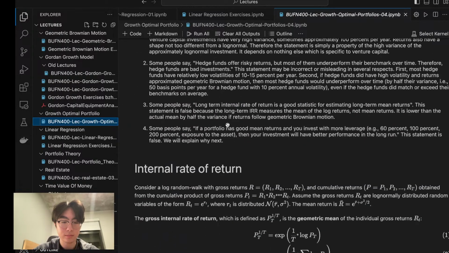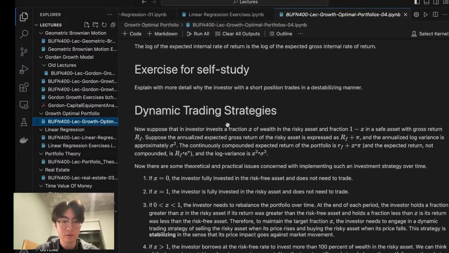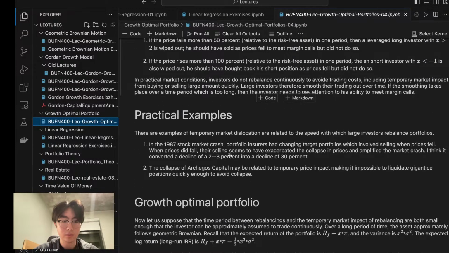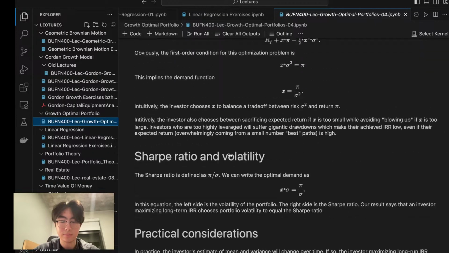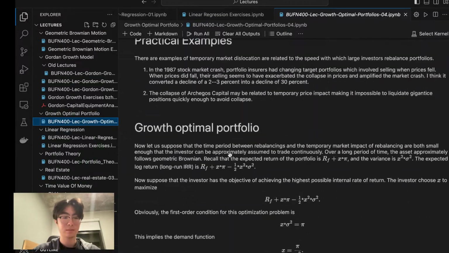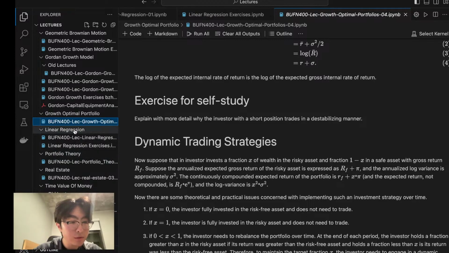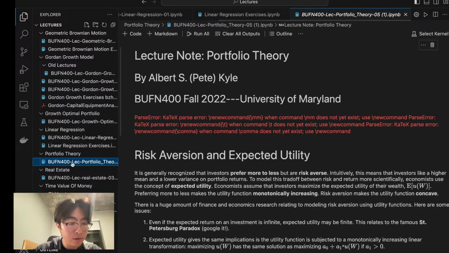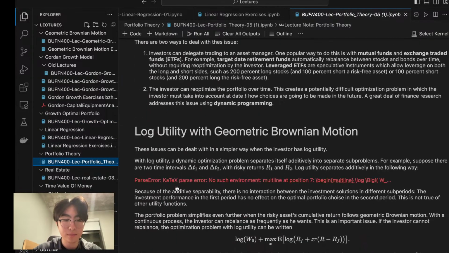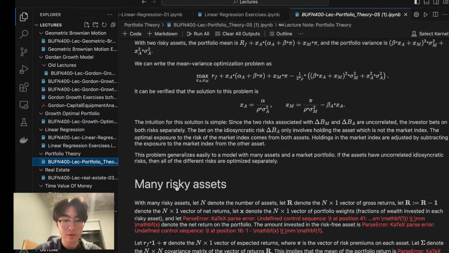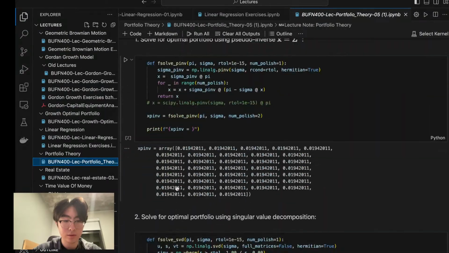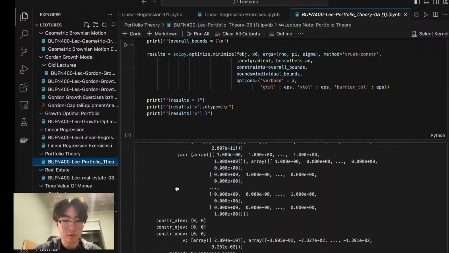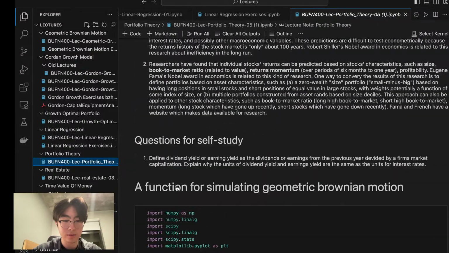Okay. Self-study, portfolio theory. Constraint optimization.